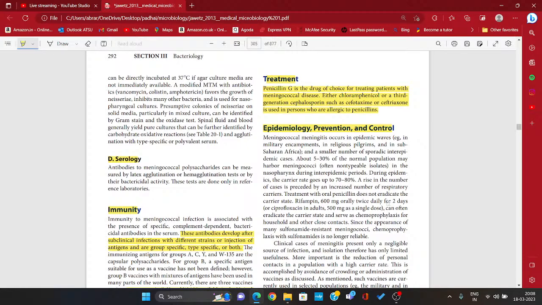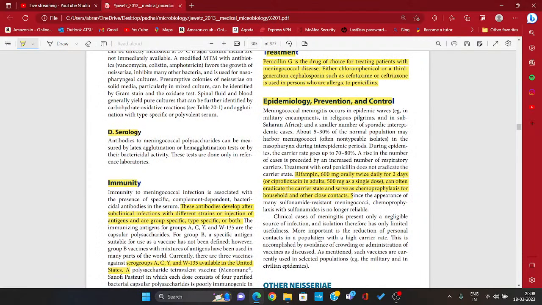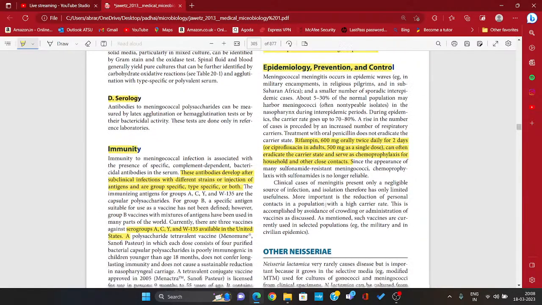Okay, this is important: rifampin and ciprofloxacin. Since the appearance of many sulfonamide-resistant meningococci, chemoprophylaxis with sulfonamide is no longer reliable.